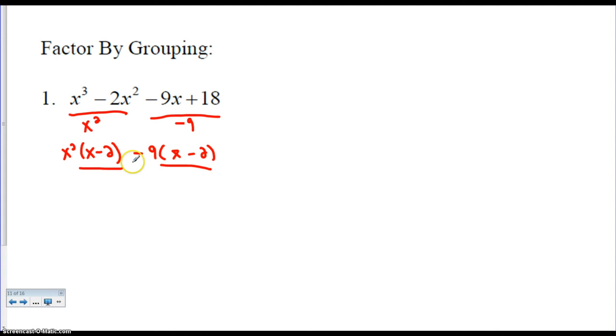Now if you remember, when we were multiplying, like if I were multiplying x minus 2 times x plus 3, one of the ways that we did that was we took x and multiplied it by x plus 3, and then we took the minus 2 and multiplied it by x plus 3. Well, all factoring is undoing what we did.